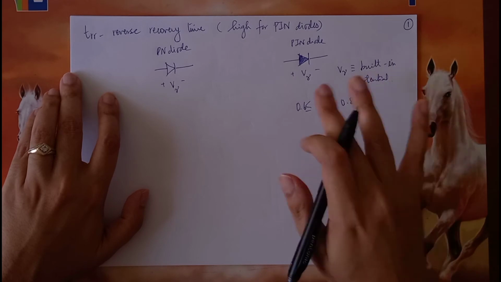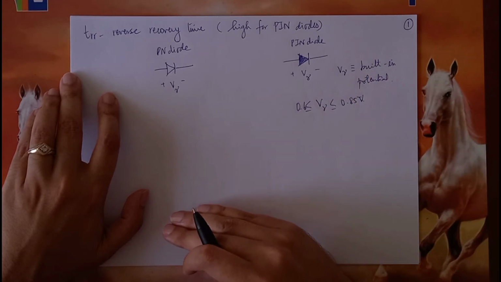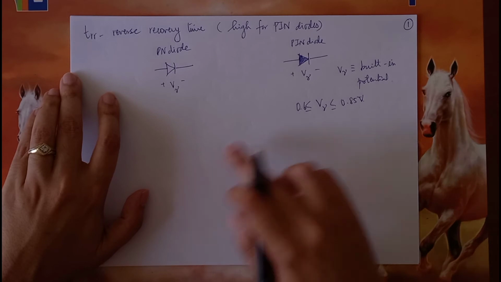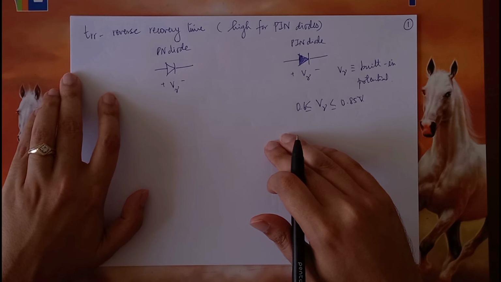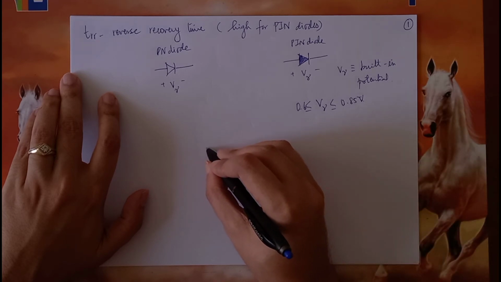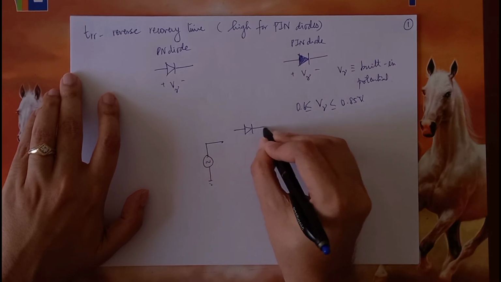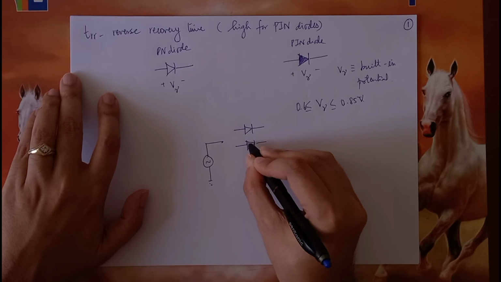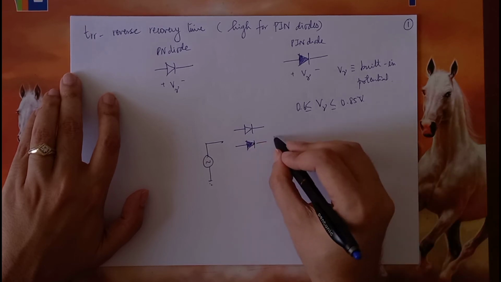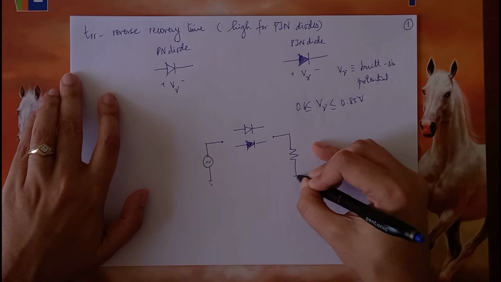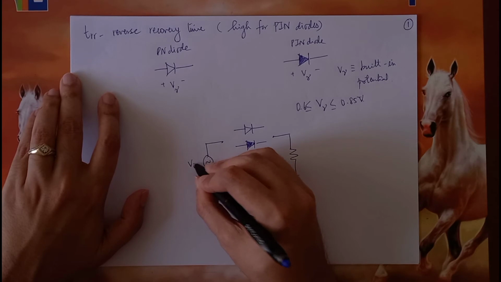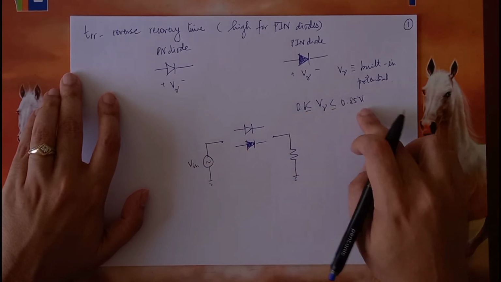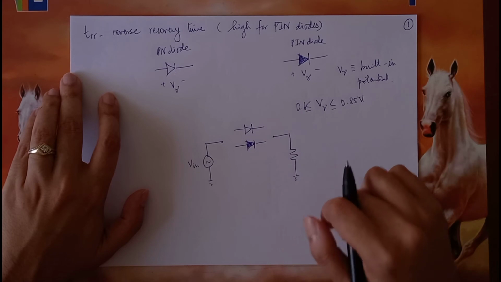What this means is, if you want to turn the diodes on just by virtue of the signal itself, that is like saying, if I have an RF signal and I want to connect it to either a PN diode or a PIN diode, this input, let us say V in, must be more than 0.6 to 0.85, or this V gamma of the diode, to properly turn it on.